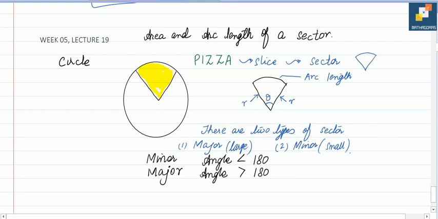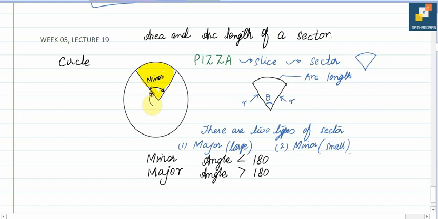Now in this given example, can you identify which sector is minor and which sector is major? So first talk about the angle. This angle, what do you think? It is greater than 180 or less than 180? Of course it's lesser than 180, so that means this yellow part is a minor sector, right?